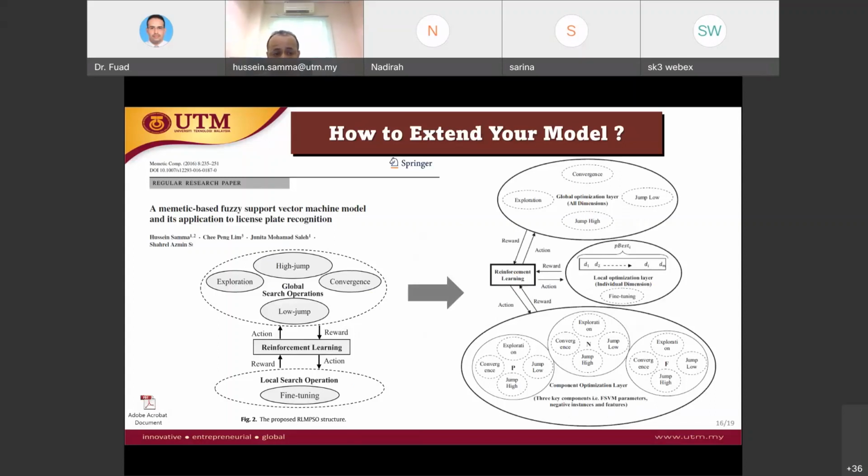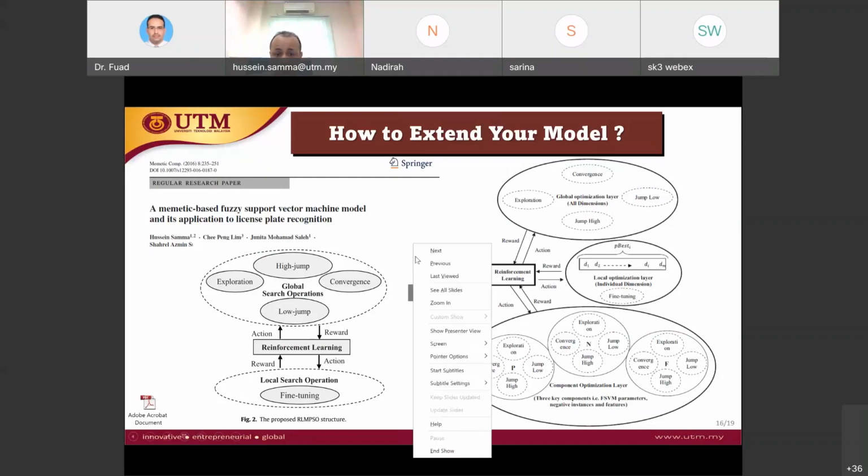So you see here, I am sharing my personal experience. Once we had finished this model, which was our first publication, we just added another level, another stage here. So we made it 3 levels. But here, of course, we are customizing this model to be used only for a specific application. It's not generic.